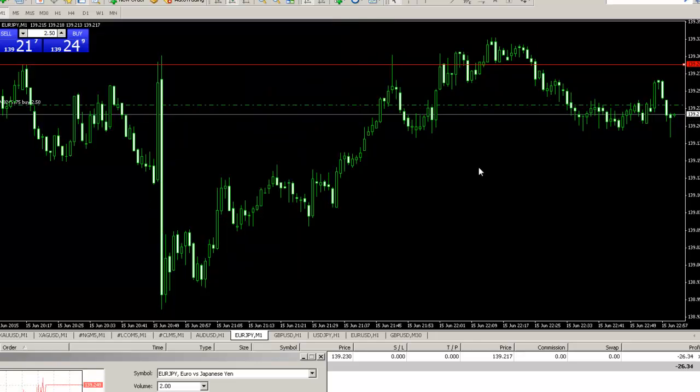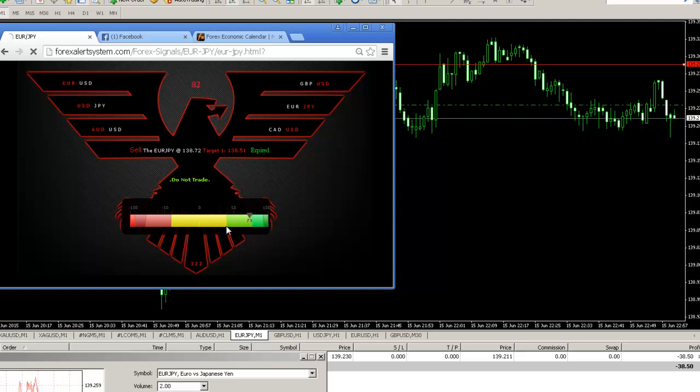Right now I have a buy, but if for some reason this trade starts to go against me, like say down to 139.17, or I see that my halo bar right here just dropped below the 77 threshold, instead of jumping out of my position, since it's sitting below 77, I can go ahead and insure this trade. That way, if it stays below the 77 threshold and continues to go against me, I'll make money on the way down.